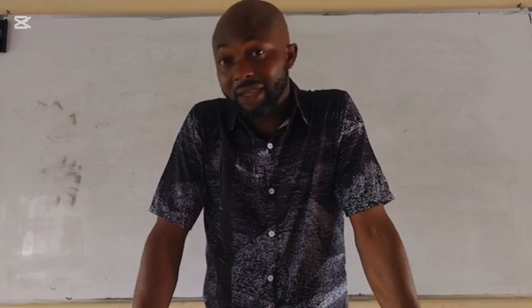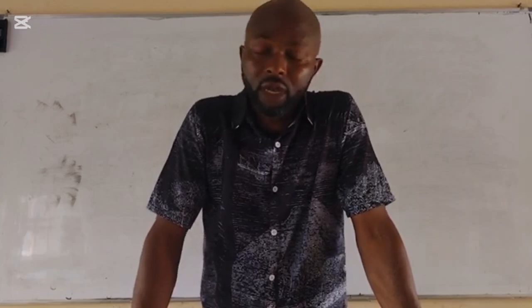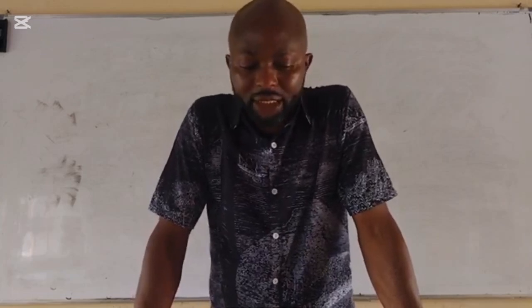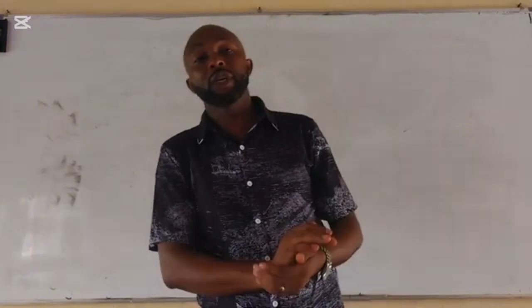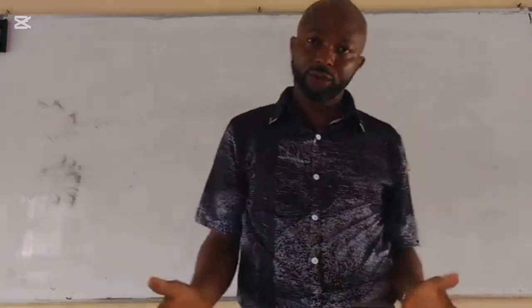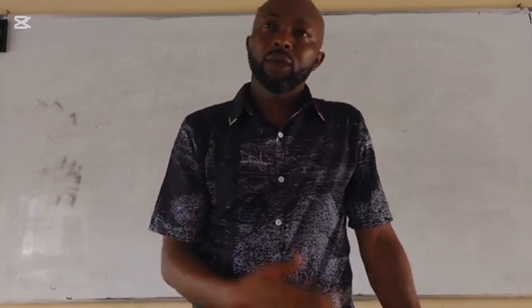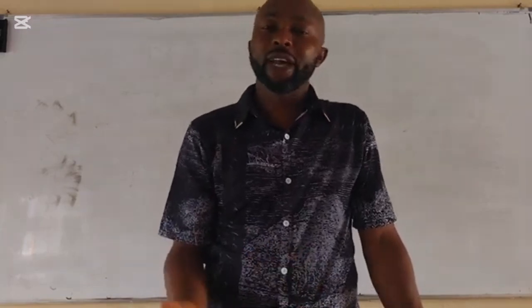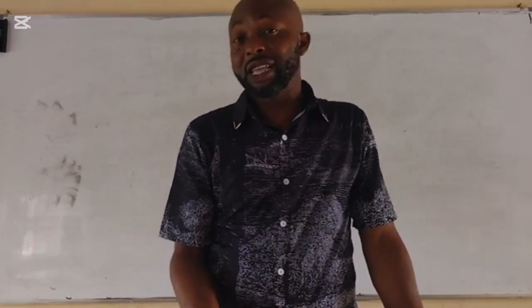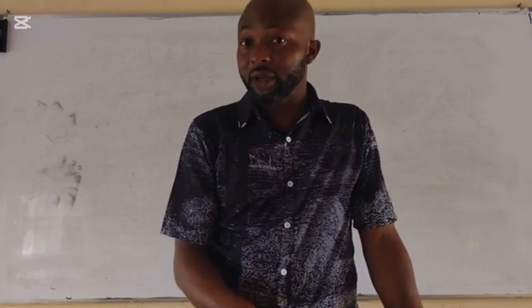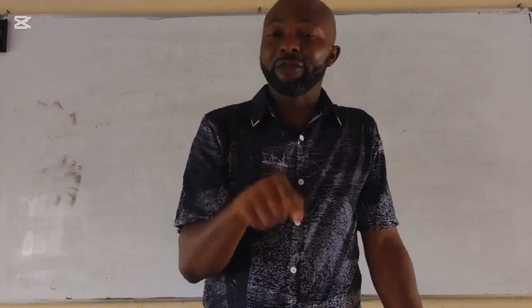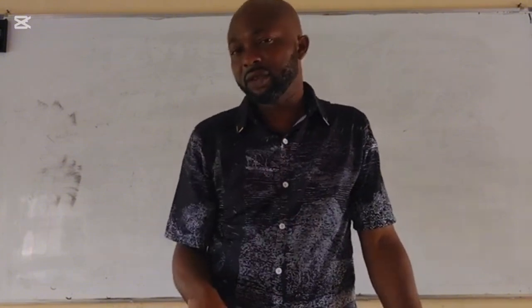Today we're going to be dealing with chemistry, and the topic is the concept of isotopy and isotopes. Isotopy is a phenomenon whereby elements have the same atomic number but different mass numbers.